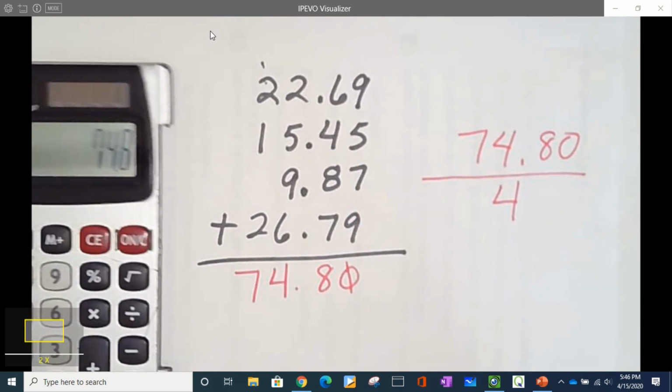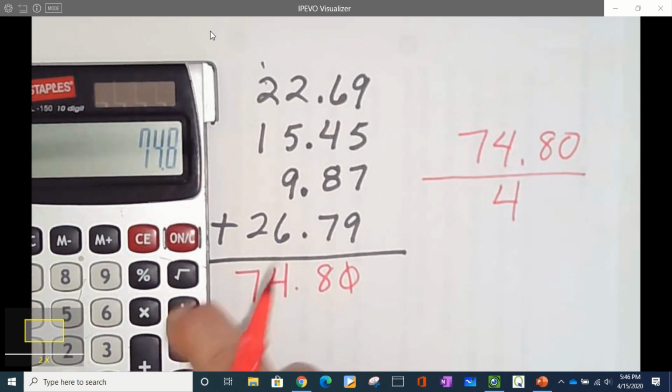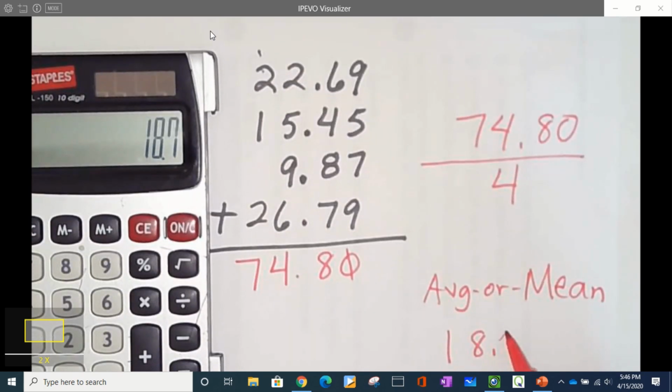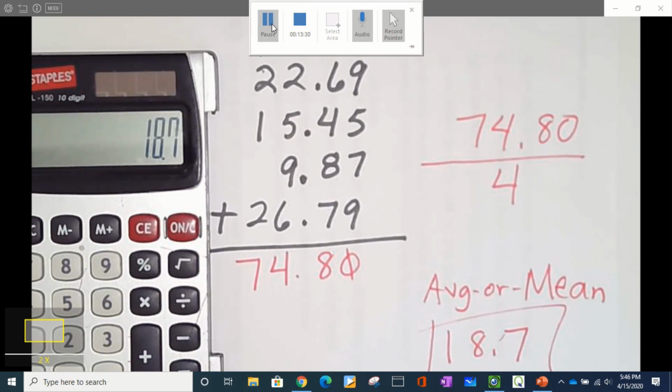Divided by 4 equals 18.7. So the average, or mean, is 18.7. That's pretty easy, students. Okay, I'm going to go ahead and go to the next lesson, lesson 1, and introduce that.